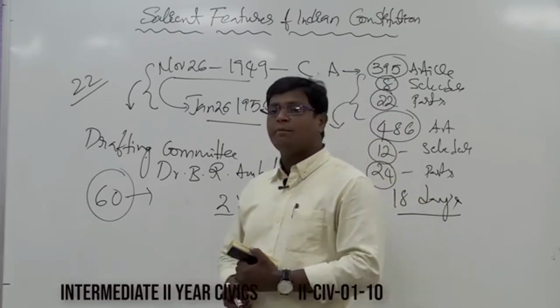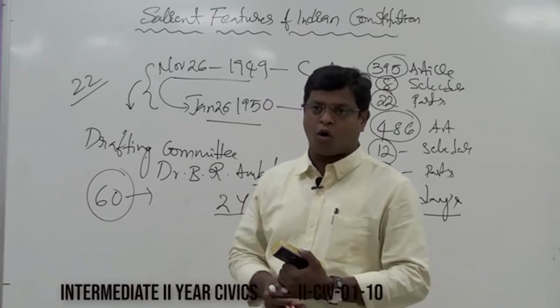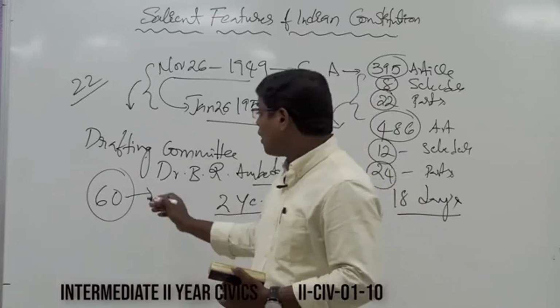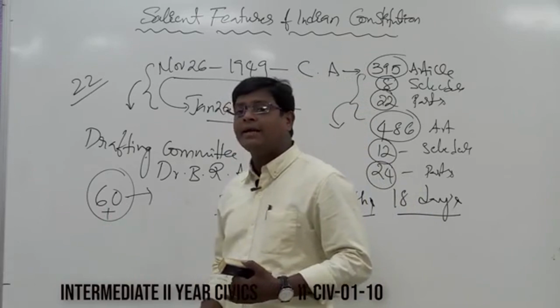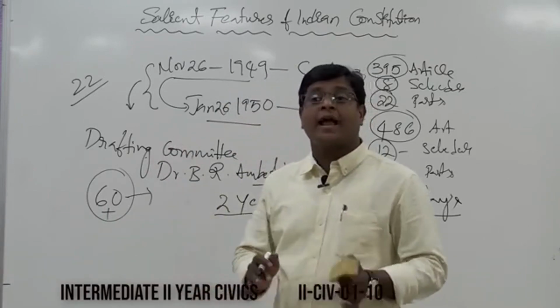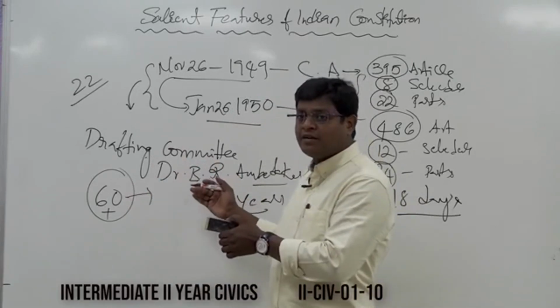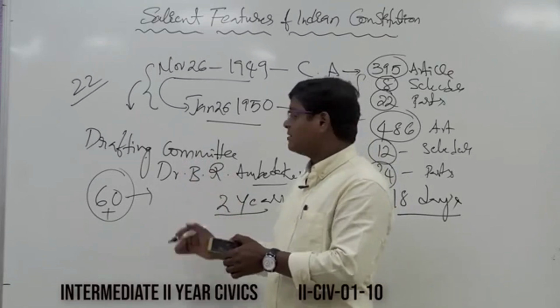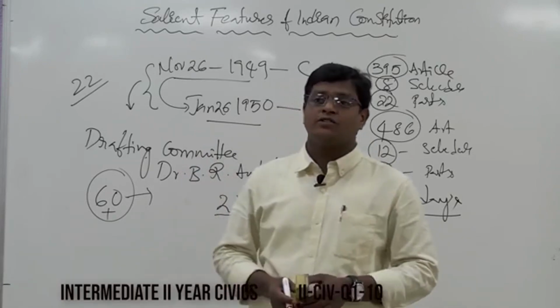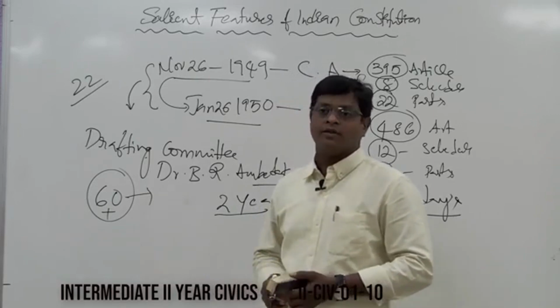But Dr. B.R. Ambedkar said it was not a patchwork or a Xerox copy, because we followed the 60 constitutions and adapted them to the Indian environment, Indian customs, traditions and practice. That's why the Indian Constitution is the best among the world constitutions, according to Ivor Jennings.